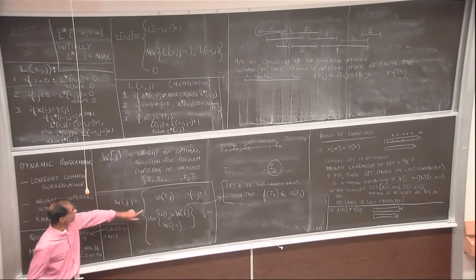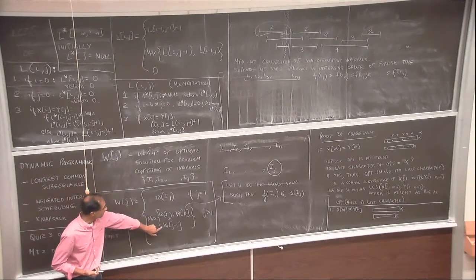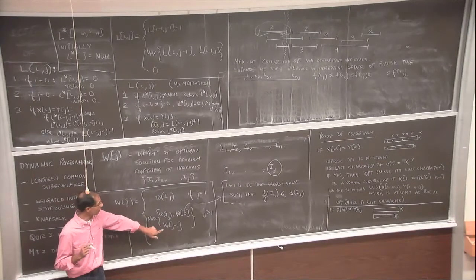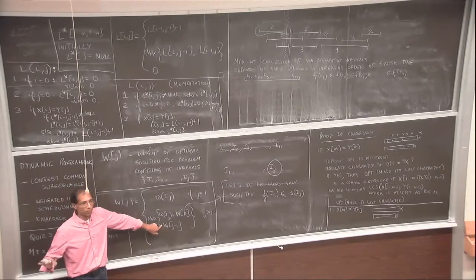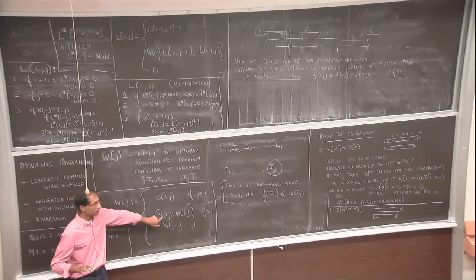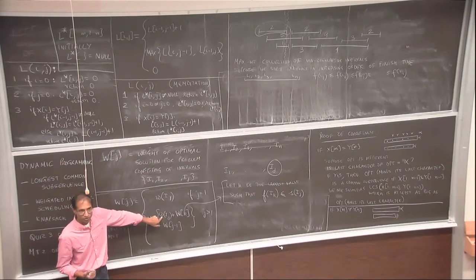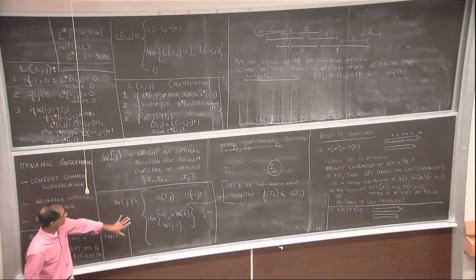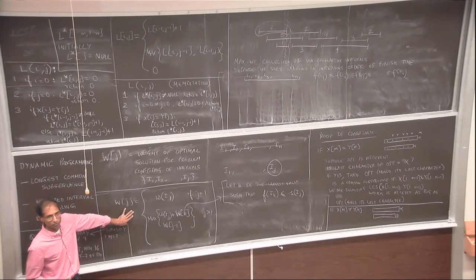Whichever of the two is the maximum tells me whether to include Ij in my solution. This gives you the crux of it.